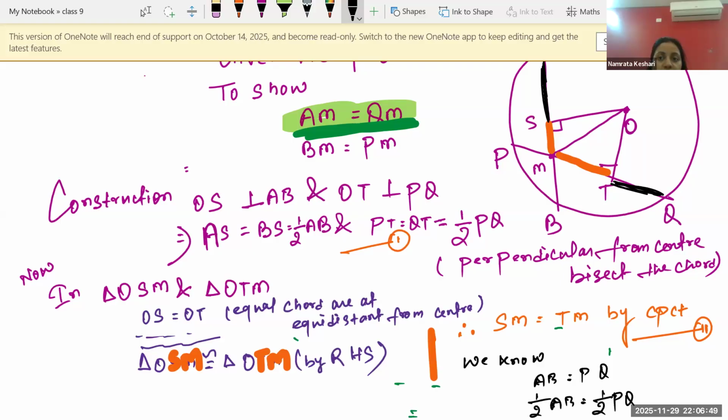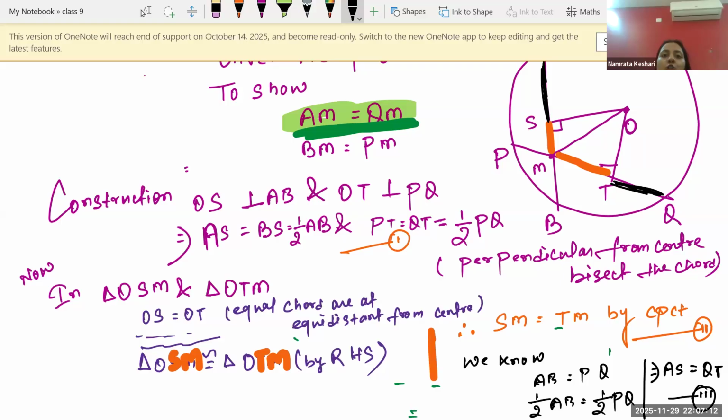Making sense? So carefully, half of AB I am taking as AS and half of PQ I am taking as QT. Not randomly will you take anything and end up doing the proof. AS and QT. Now we will say this is equation number 3.